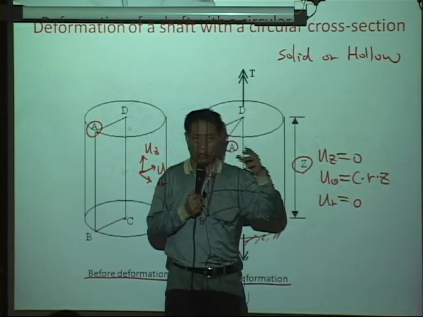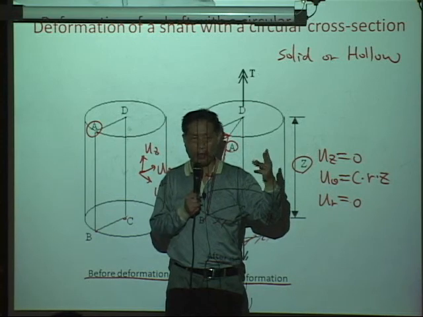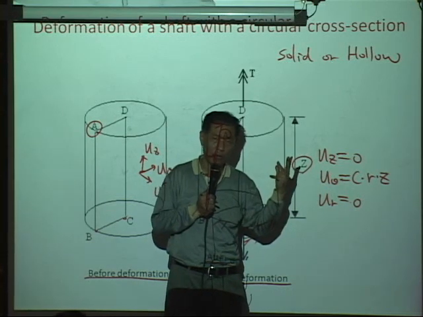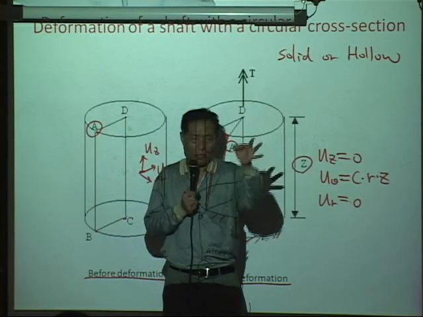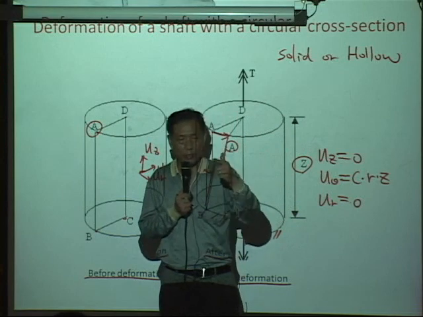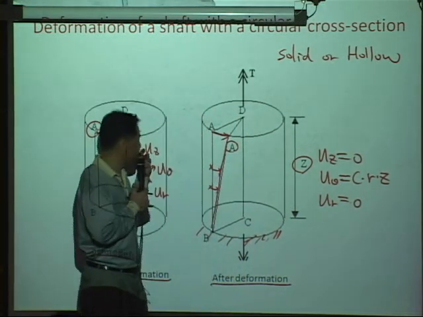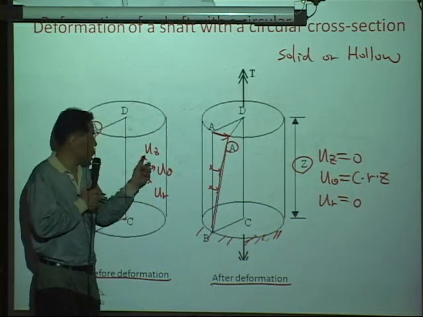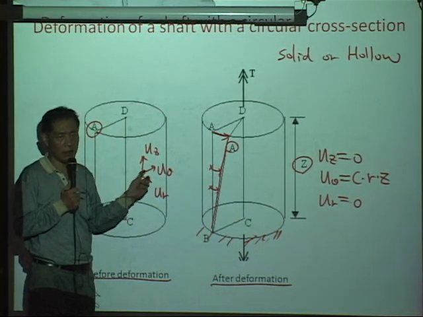Okay, any point in a shaft can have three-component displacement. Well, not just the shaft. All kinds of material bodies can have three-component displacement in three-dimensional space. And here, the shaft can also have three components of displacement: R, Z, theta.